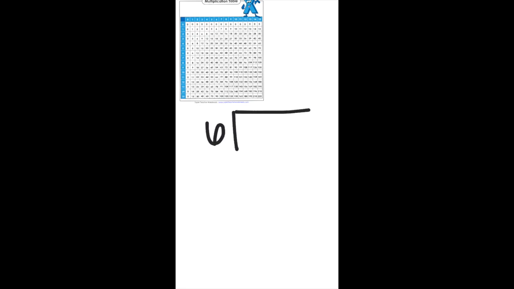If we look at the problem underneath that, we're taking 966 and dividing it by 6. Our multiplication table does not go up that high, so we are going to break our number down a little smaller. We can start by looking at the 9 in our hundreds place and think to ourselves, how many times does 6 go into 9 without going over?